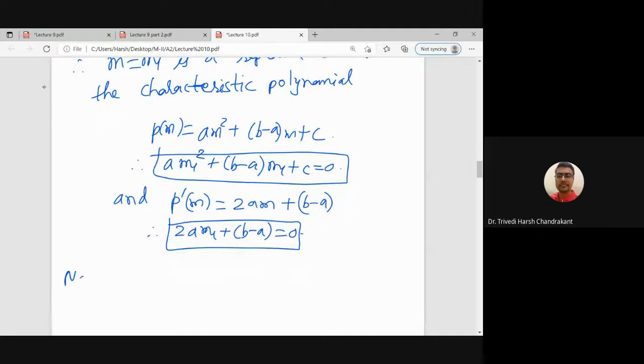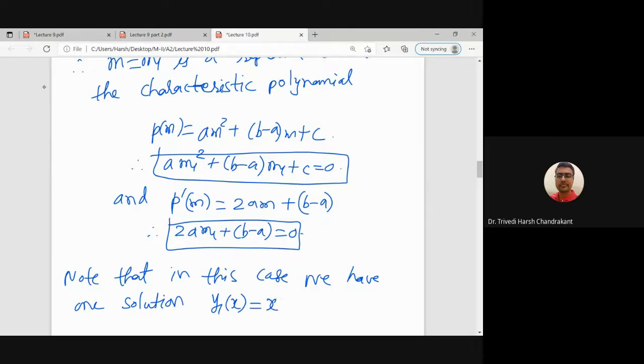So note that in this case we have one solution already. Note that in this case we have one solution of equation 1.